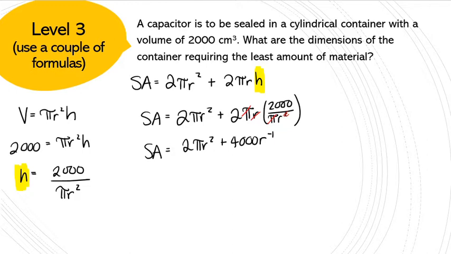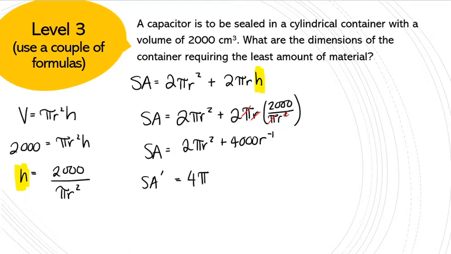Okay, I want to minimize the surface area. So I'm solving once again. I want to find the derivative, set it to 0, and find what radius creates that situation. Okay, so here we go. SA prime relative to the radius. 2 pi is just a number.